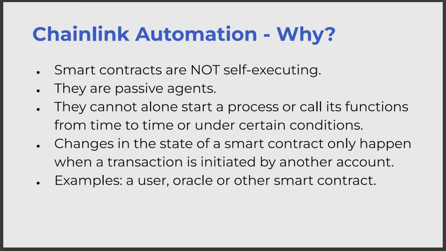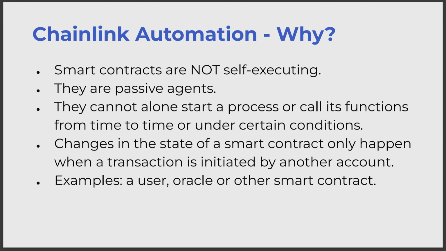The external agent can be another smart contract, can be your account, can be a bot you create, but can be a decentralized Oracle network doing that for you in a decentralized way. I think this is the core of blockchain, so for me, this is better.